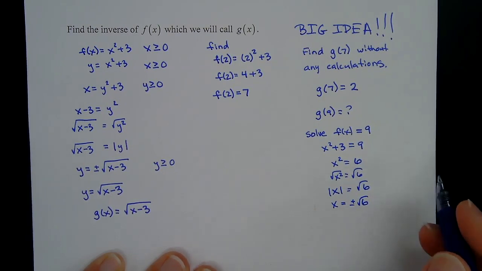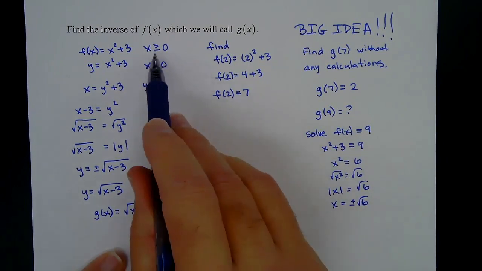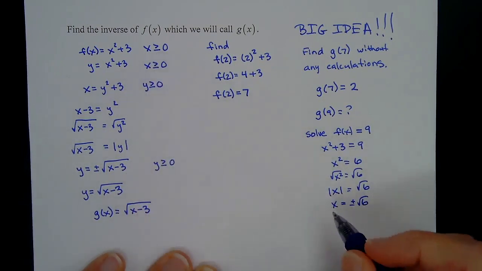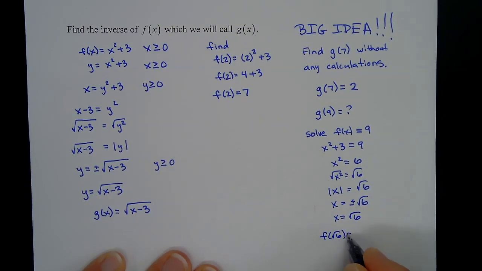But for f, x has to be greater than or equal to 0, so it can't be the negative one. So x is equal to the square root of 6. We found the input that makes it 9. So that means f of the square root of 6 is equal to 9, which means g of 9 would have to equal the square root of 6.